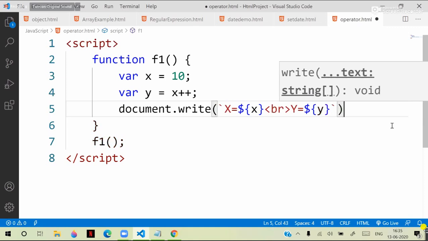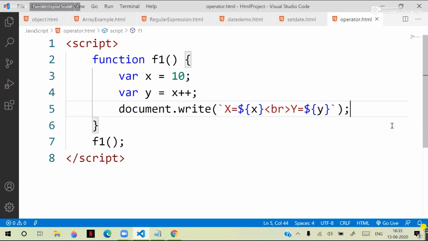Now here, important in this example, x plus plus means x equal to x plus 1.